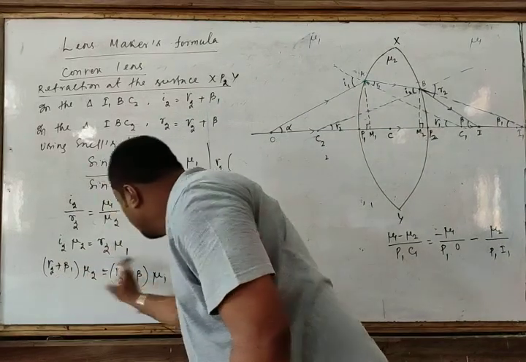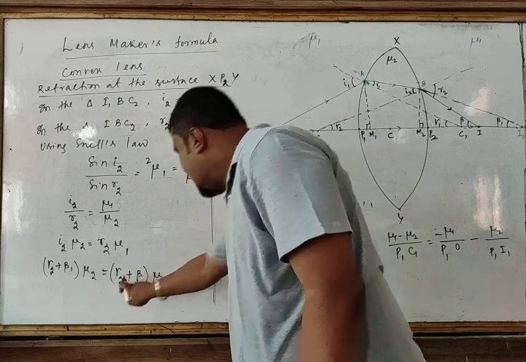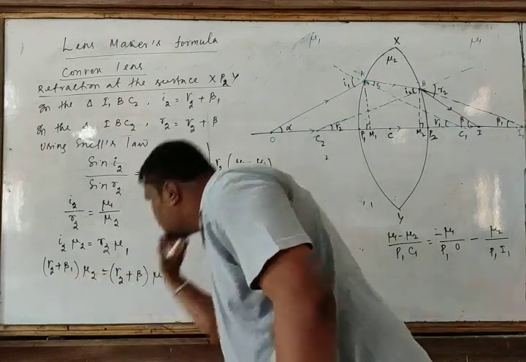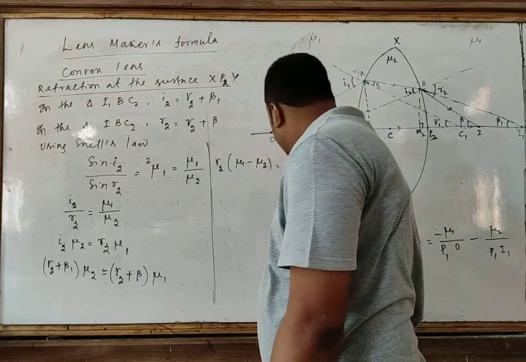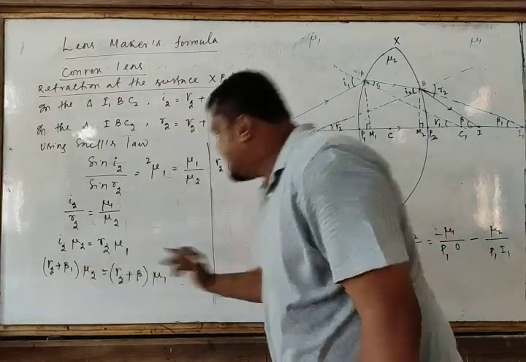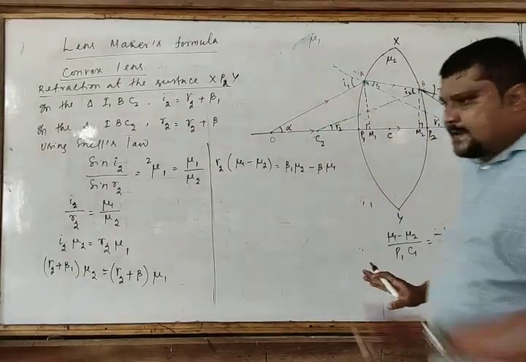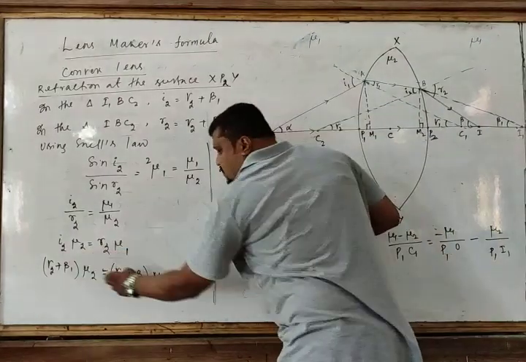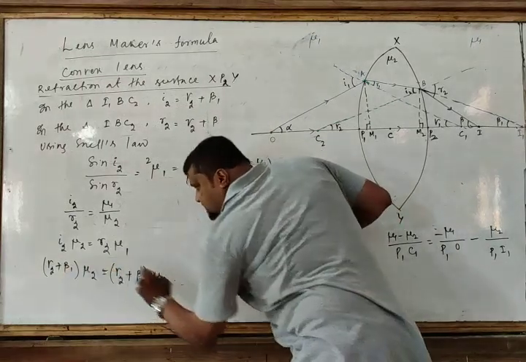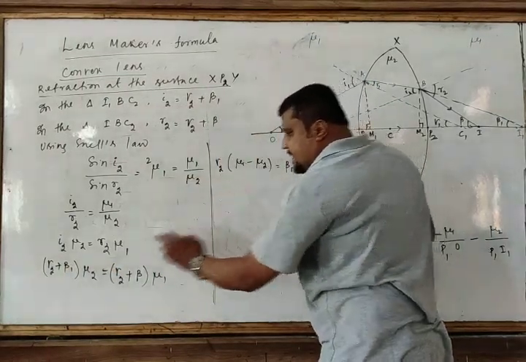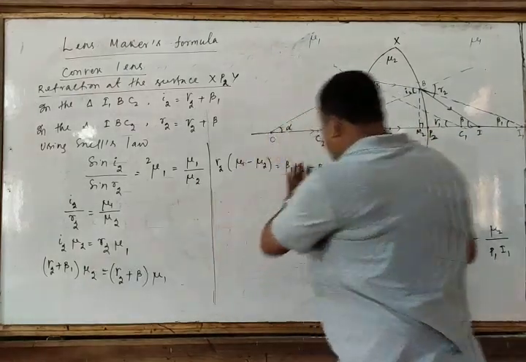Take gamma 2 mu 2 this side. Gamma 2 of mu 1 minus mu 2 is equal to beta 1 mu 2 minus beta mu 1. Take beta mu 1 this side. Clear?